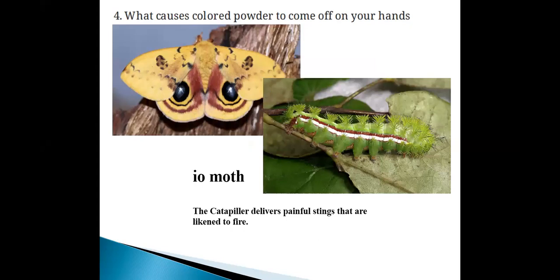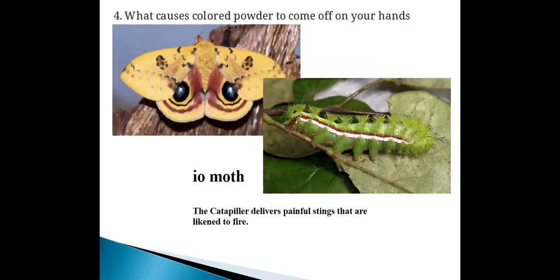And this is the next moth. This also, during the caterpillar stage, gives a painful sting. It will burn like a fire on your skin. So when you come across this caterpillar in the garden, it's very important that you are wearing your gumboots or socks.